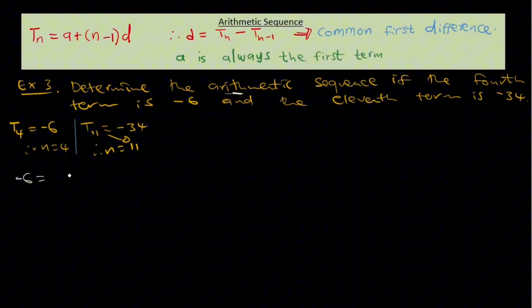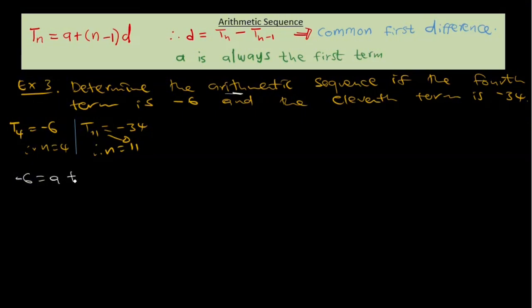Then I know that n is equal to 4. I'm going to simplify this. Minus 6 equals a plus 3d. I'm going to call this equation 1.